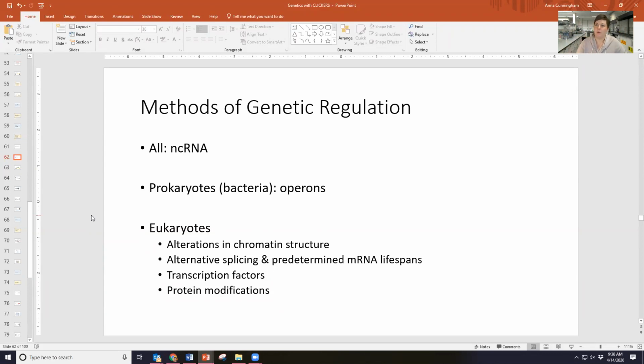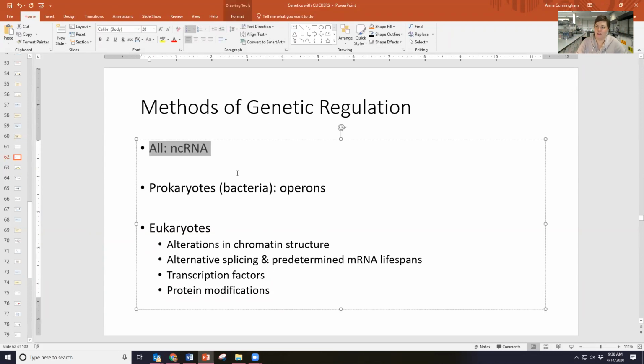And then I do want to point out at the top of the slide, I say "all" because NC equals non-coding RNA, and we're going to talk about some non-coding RNAs. But I do want to mention that non-coding RNAs that are regulatory are present in both eukaryotes and prokaryotes.